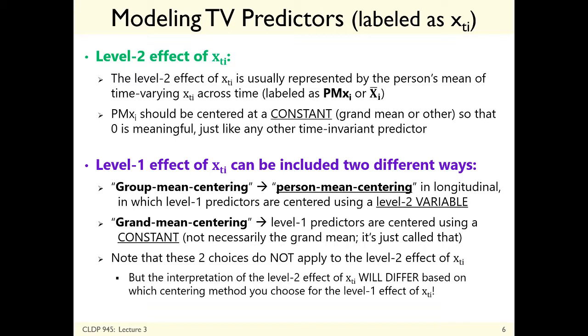In our context, we're going to refer to the first one as person mean centering. But more broadly, these two centering methods differ in whether you are centering at a variable or a constant. So in the book, I start using the terms variable centering or constant centering, because that's really what we're talking about. In the first one, we center the level 1 variable using the person's mean. In the second one, we just pick whatever constant so that 0 means something.